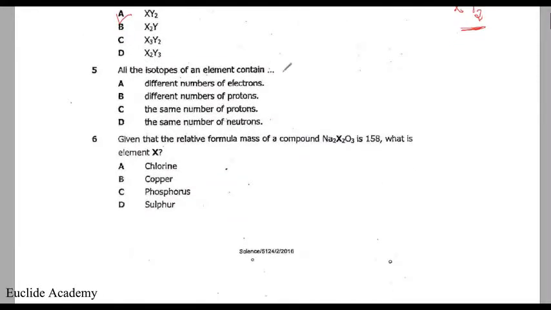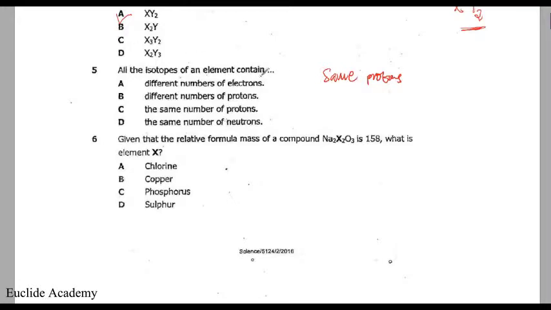5. All the isotopes of an element contain a different number of electrons. Okay, so with isotopes, know that these are elements with the same number of protons, but a different number of neutrons.